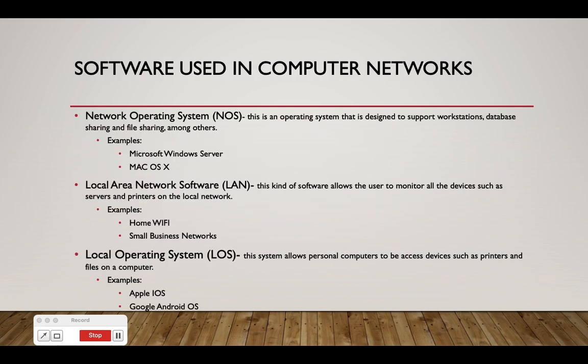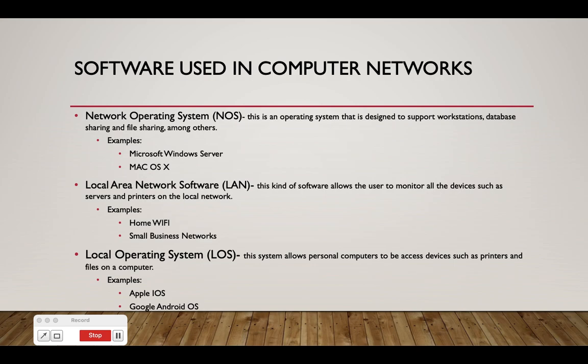Next, we're going to talk about software used in computer networks. We have the Network Operating System, NOS. It's an operating system that's designed to support workstations, database sharing, and file sharing, among other things. Some examples of this, we have the Microsoft Windows Server and the Mac OS X. Next, we have the Local Area Network Software, LAN.